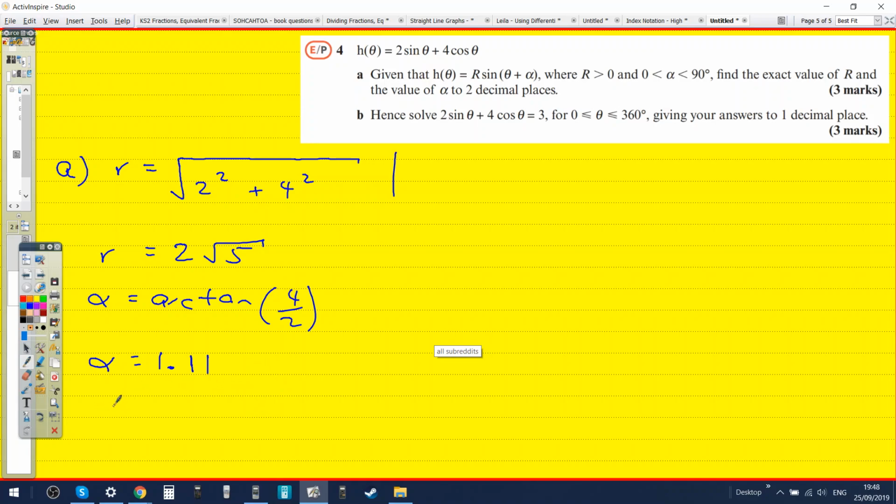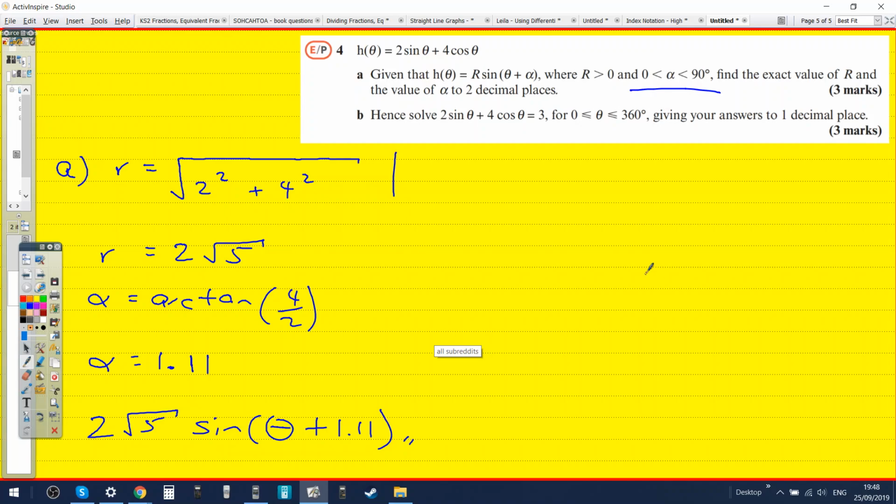So yeah, r sine theta plus 1.11. What is r? R is 2 root 5. Yes. And so you'd have them both in. So 2 root 5 sine. If your value of alpha exceeded 90 degrees, would that mean that you must have done something wrong? Yep. Okay.